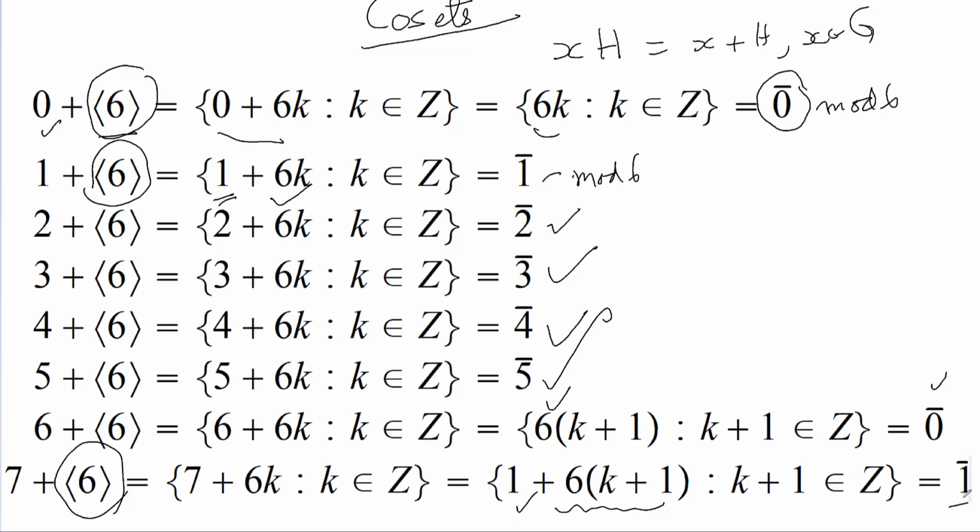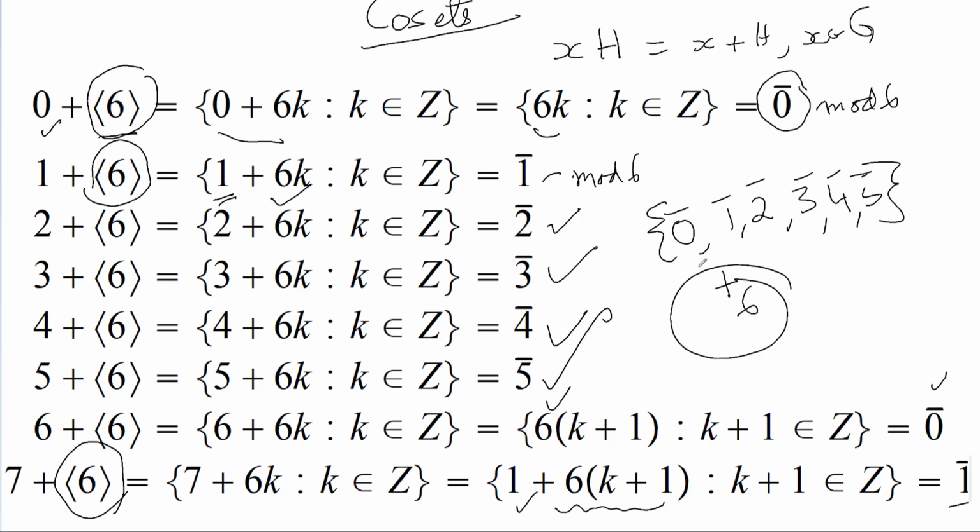So all the cosets here would be 0, 1, 2, 3, 4, 5, and these form a group with respect to addition mod 6. So if we look at all the left cosets, they form a group with respect to addition modulo 6, and that 6 was related with this.